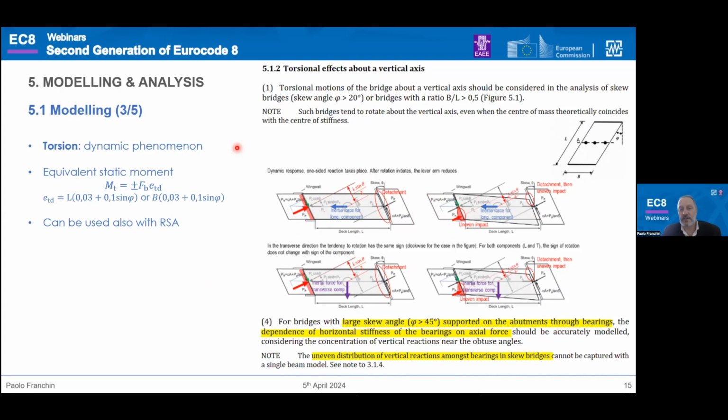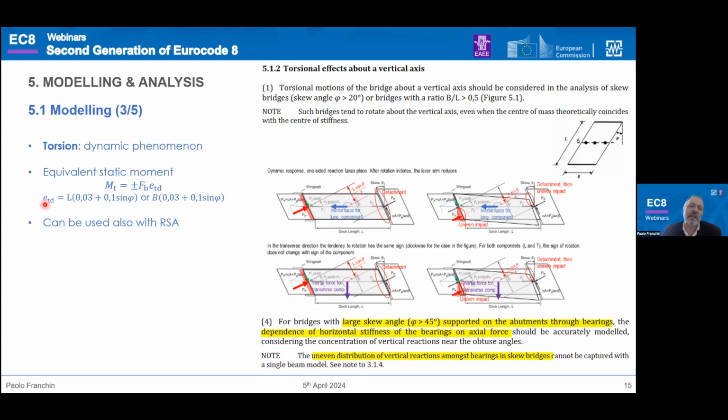The code simplifies the problem and allows, even in those cases where you use response spectrum analysis to evaluate the action effects under the seismic design situation, an equivalent static moment, MT, torsional moment, to evaluate the effect of torsion.